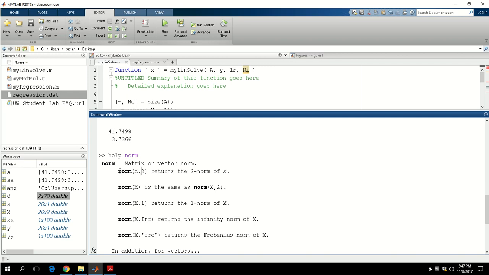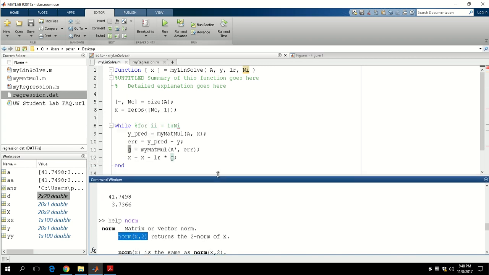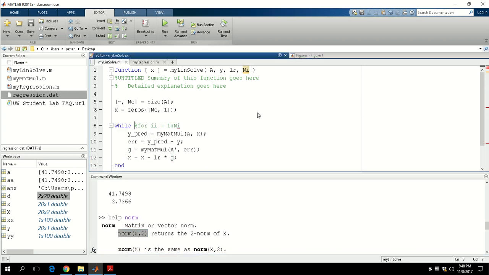That's the default case, the 2 norm of x. 2 norm just means you square each element inside of the x vector, do a summation, and then take the square root of the summation. That's a very popular norm that's used very widely. So let's just use this norm function.